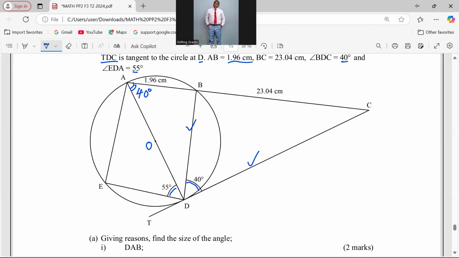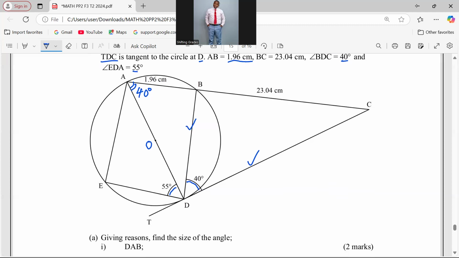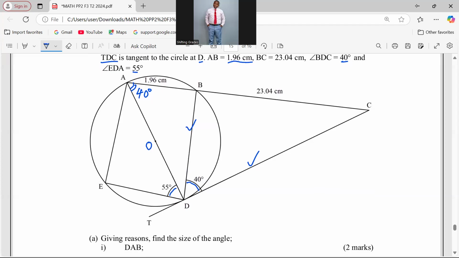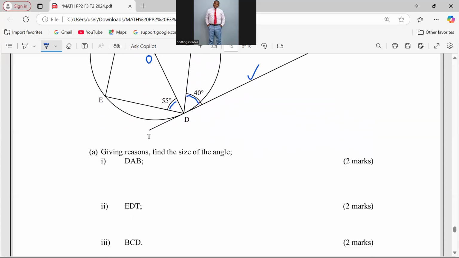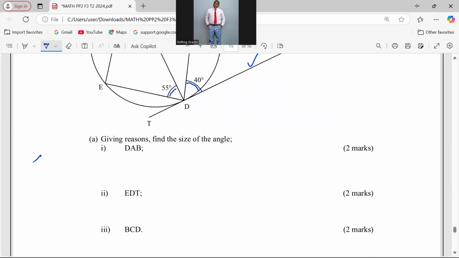So the chord BD is the one that produces the angle at A. So it is also equivalent to 40. So the angle is called DAB. So angle DAB is equivalent to 40 degrees. This one is the angle in the alternate segment.